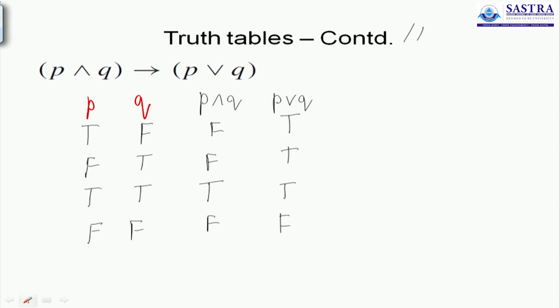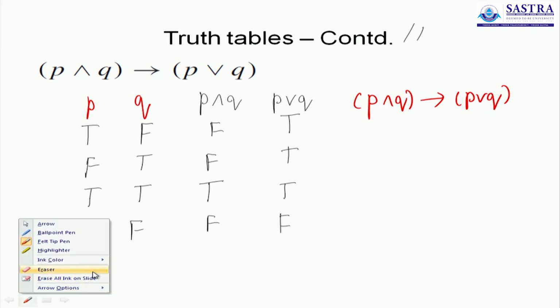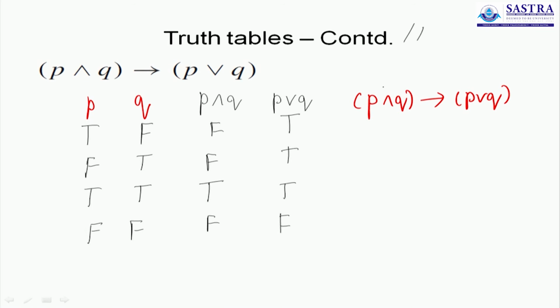Now what are we asked to do in the problem? We are asked to think about a conditional statement which has its hypothesis and consequence in the given manner. You have column 3 as the hypothesis statement and column 4 as the consequence statement.